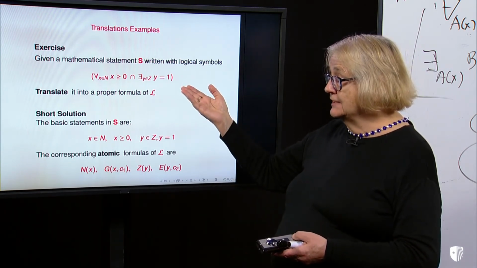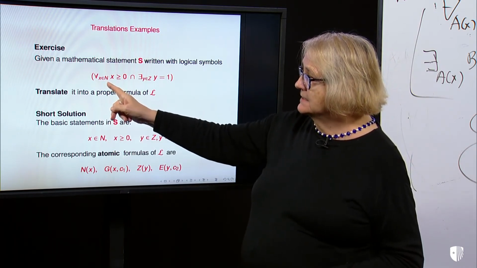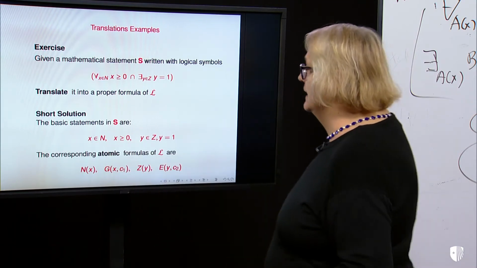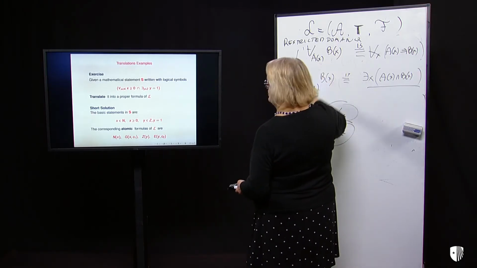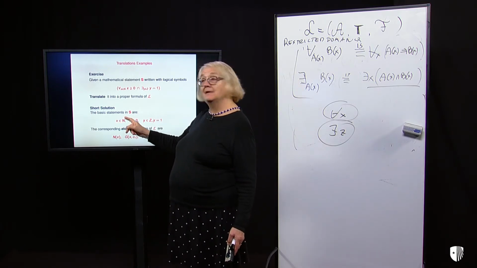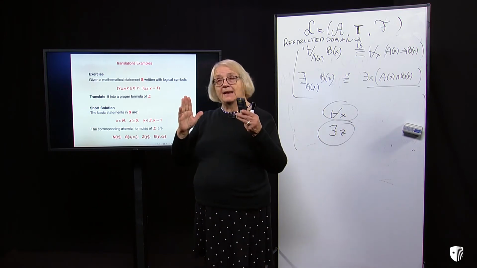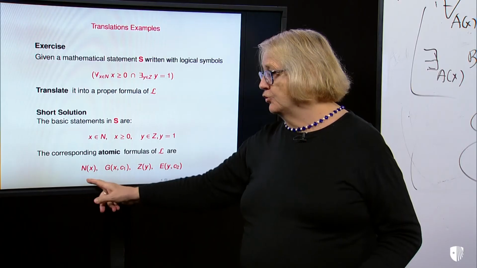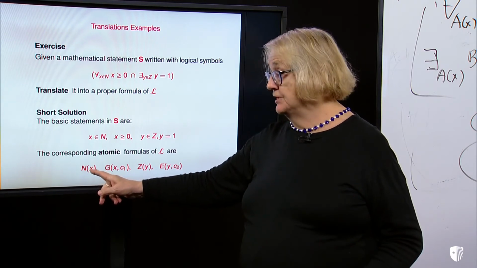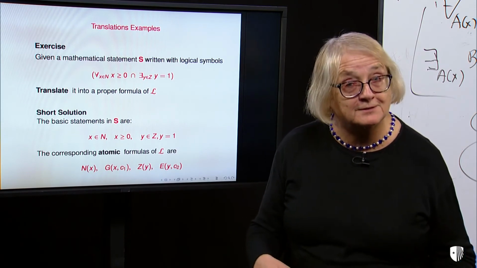What are the basic statements? The basic statement would be x in N. So x in N corresponds to this, and this is a real statement. What does it mean? X in N is a one argument relation, because it means that x is in N is true or false.